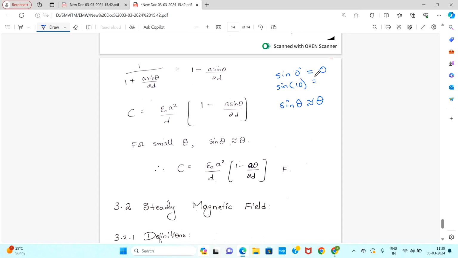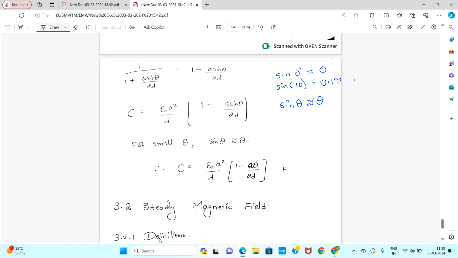Just do it in the calculator, and we'll find sine of 10 degrees is approximately 0.1736.